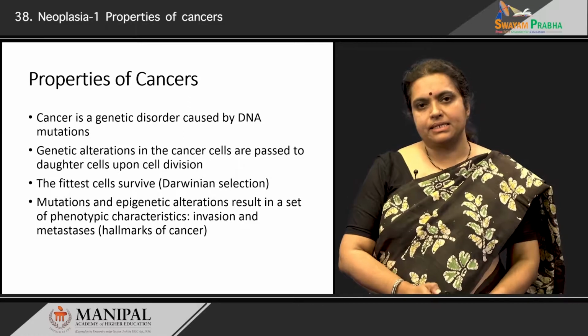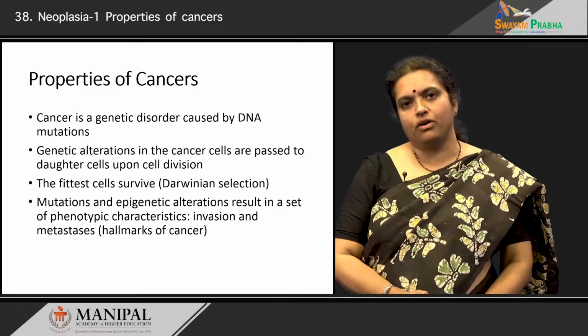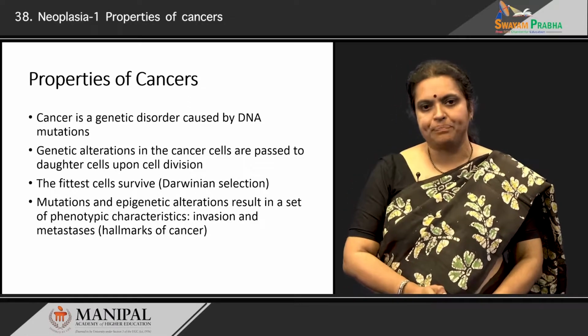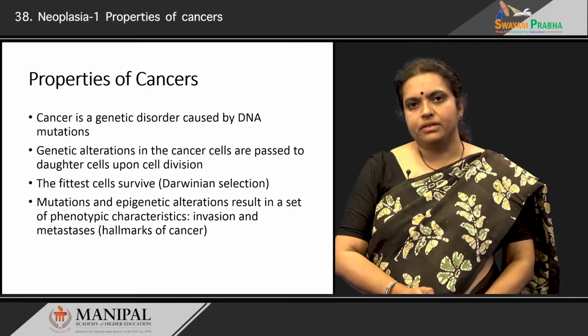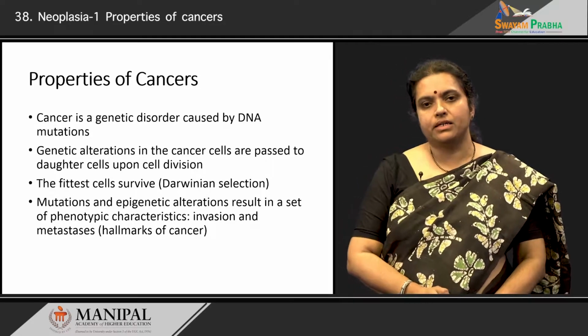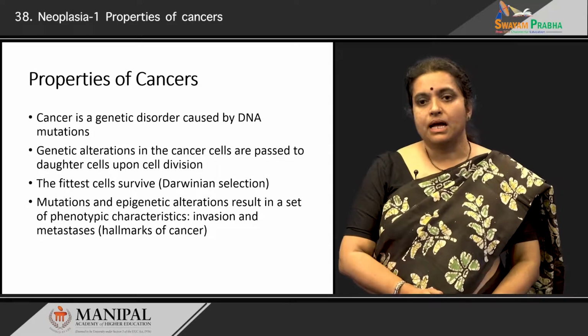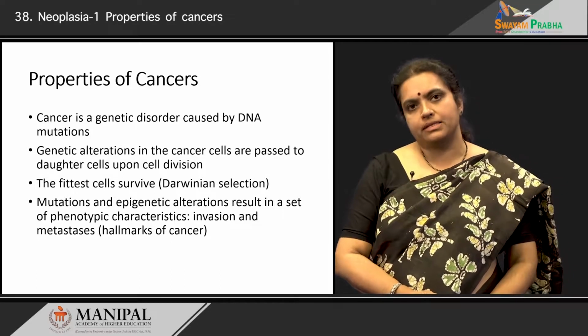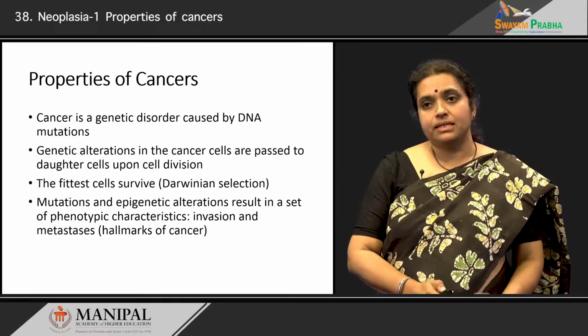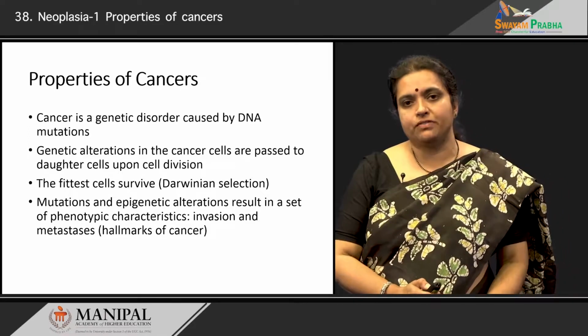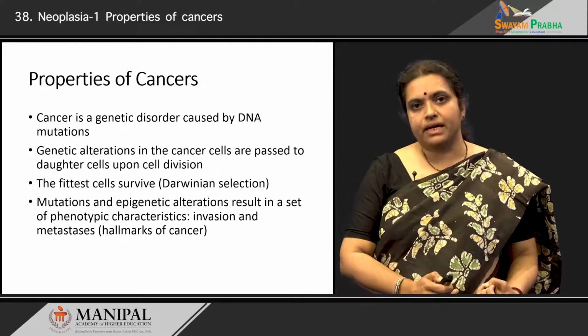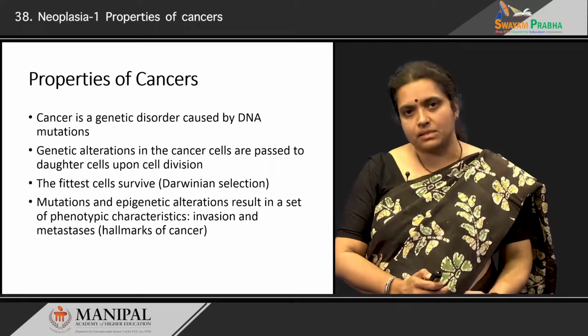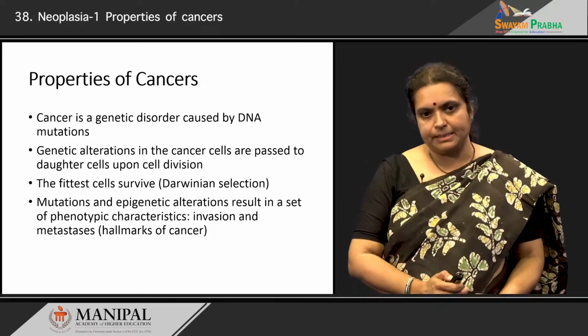Now, this is central to the understanding of how cancer occurs. The second point that we need to understand is these genetic alterations in the cancer cell are passed to daughter cells upon cell division. So, since these changes occur within the genes of the cells, when the cells divide, the same genetic changes are passed on to the daughter cells.